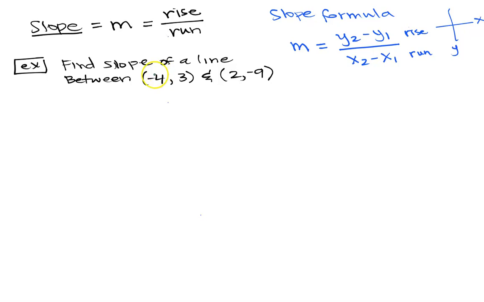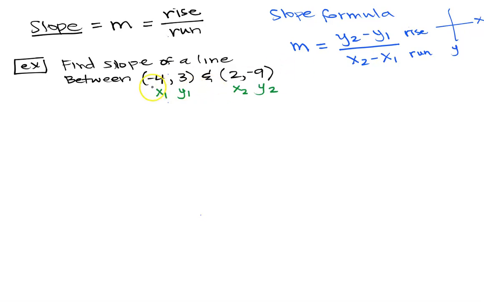This is an x and a y, and this is also an x and a y, but we need to be able to tell the difference between them in our equation. So this is point 1, which I'll call x1, y1. And this is my second point, point 2, so that's going to be x2, y2. That's what those little subscripts mean on the bottom there.